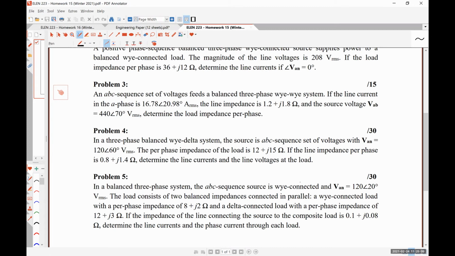But bare minimum, I would put down the relationships for converting from Y to delta, delta to Y for both the source and the load. Make sure you fundamentally understand what the difference is between line currents and phase currents, line voltages and phase voltages, all that jazz, because I'm not going to say, I want this. I'm going to say, give me the phase voltage, give me the line currents, and so on.